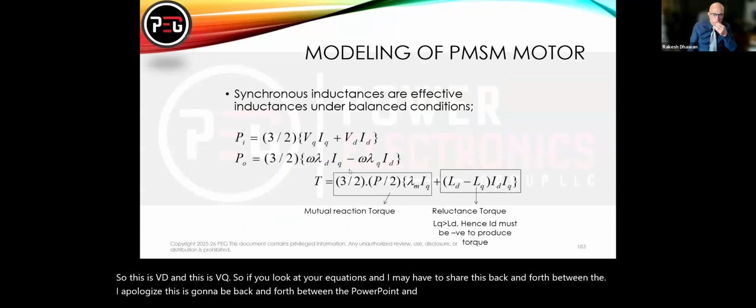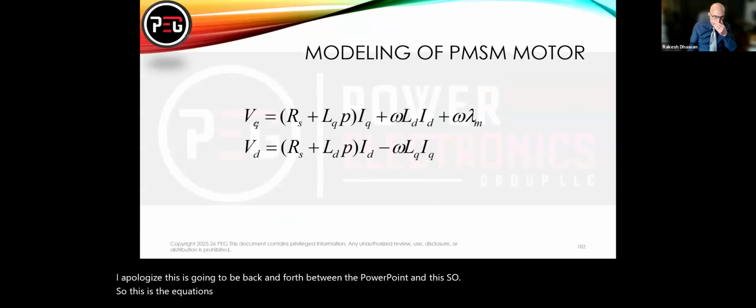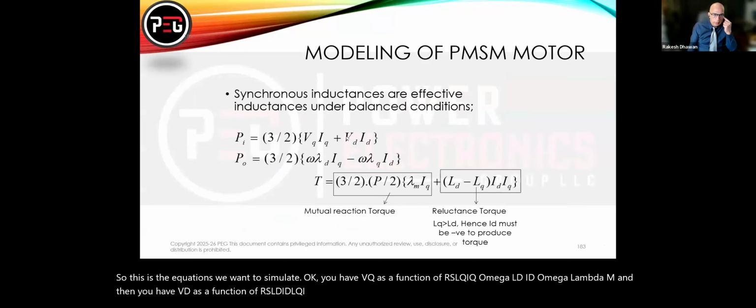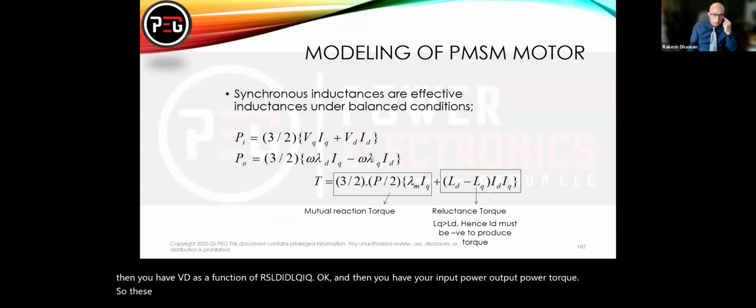These are the equations we want to simulate. You have VQ as a function of RS, LQ, IQ, omega LD, ID, omega lambda M. And then you have VD as a function of RS, LD, ID, LQ, IQ. And then you have your input power, output power, torque. These are the equations we have coded in PSPICE.